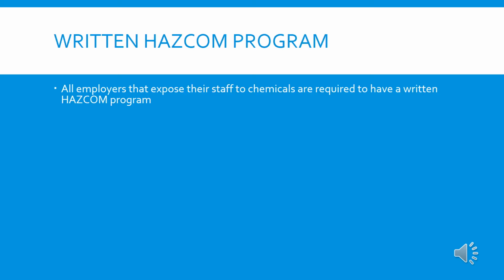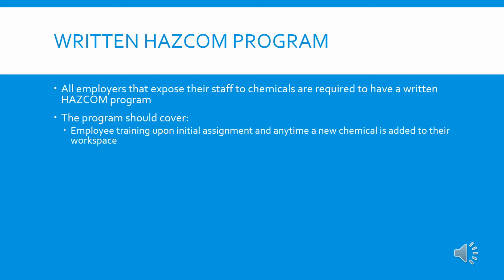All employers that expose their staff to chemicals are required to have a written Hazcom program. The program should cover employee training upon initial assignment and any time a new chemical is added to their workspace.